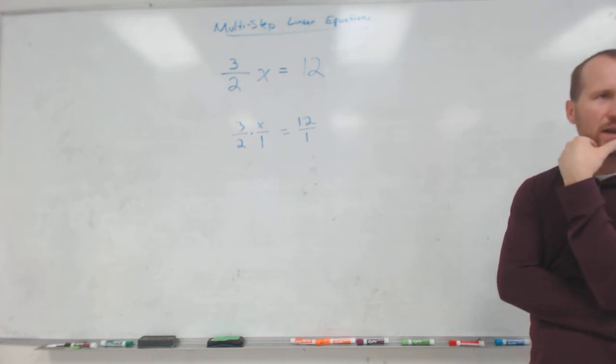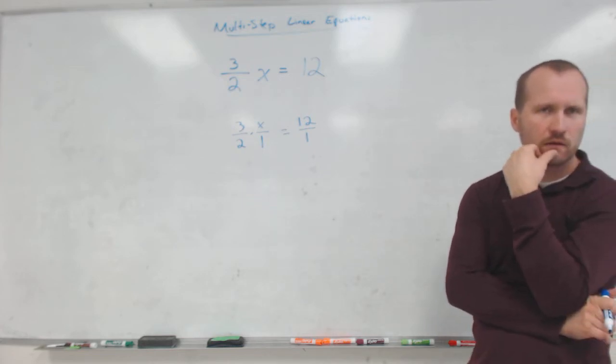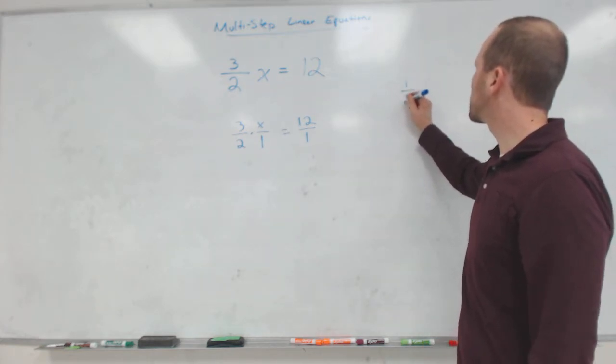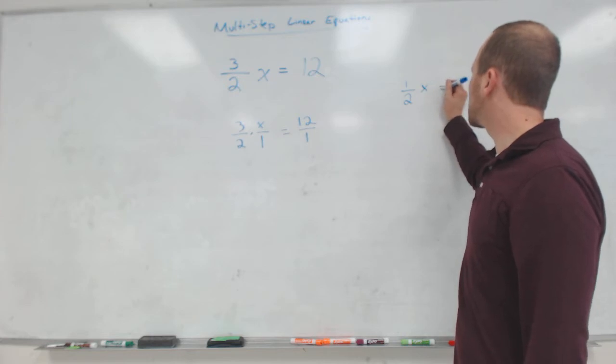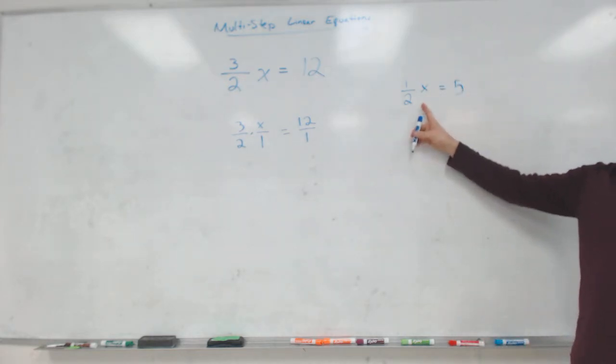What would I do if I had 1 half of x equals some number? There were some problems like this last time on your homework, right? Yeah, what would you do?